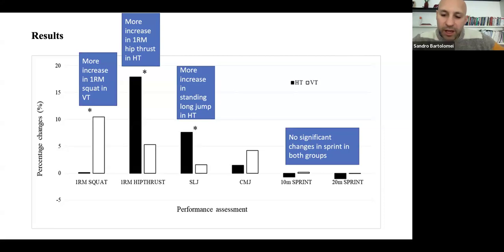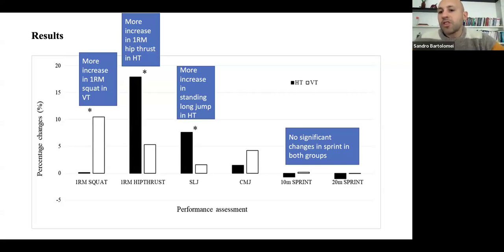If you take a look at the graph, you can see that there is a minimal improvement in 20-meter sprints, especially in the horizontally loaded group. However, the difference was not significant. So we cannot say at the end that horizontally loaded exercises were better for sprint compared to vertically loaded exercises.